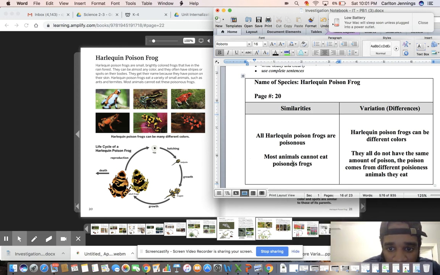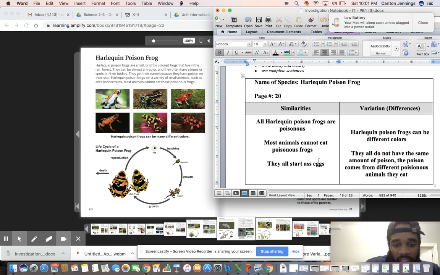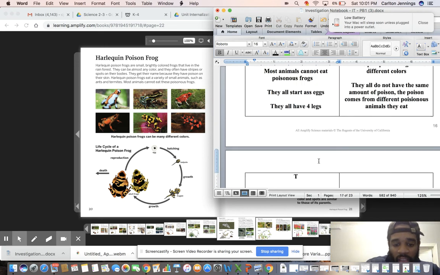I'm spelling this wrong. O-U-S. I'm typing too fast. Most animals cannot eat the poisonous frogs. And also, they all start as eggs. They all have 4 legs. They all have 2 eyes.